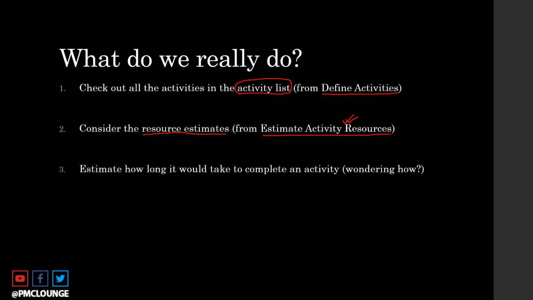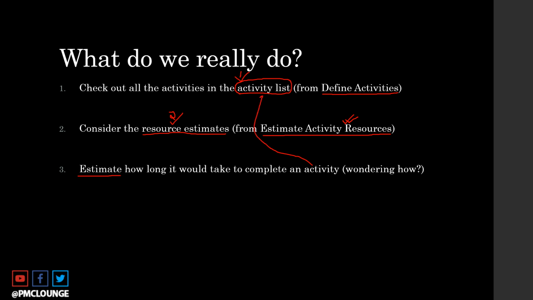Now, once you have the activity list and the resource estimates, these are the two things you have. The third thing you need to do is estimate how long it would take to complete an activity. This activity is basically in the activity list.